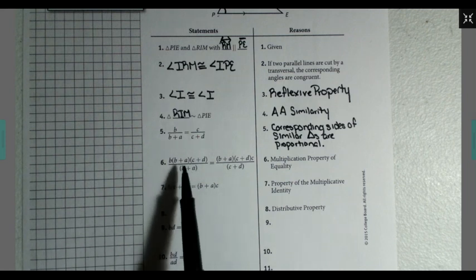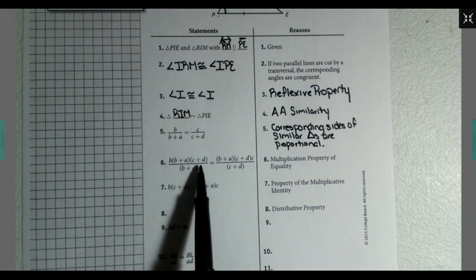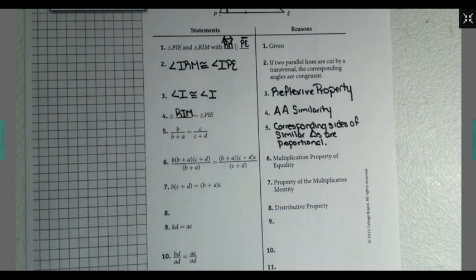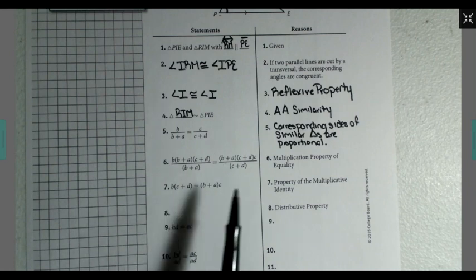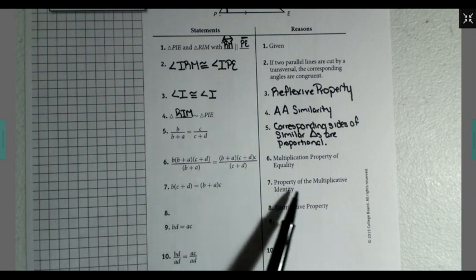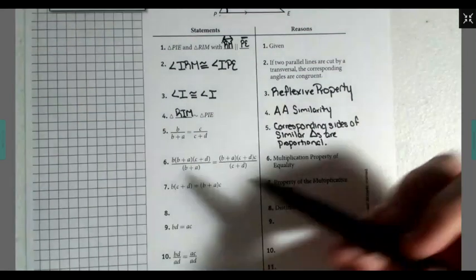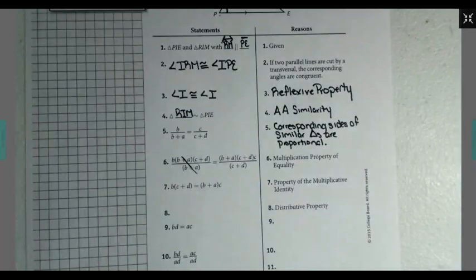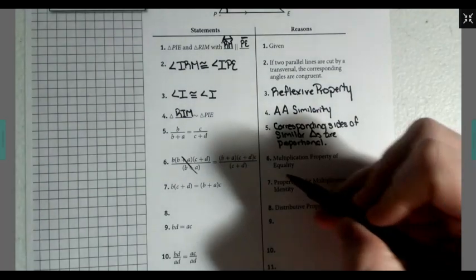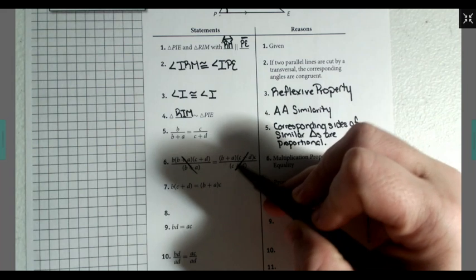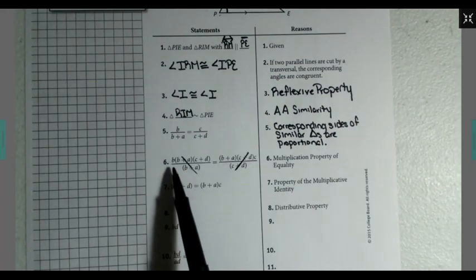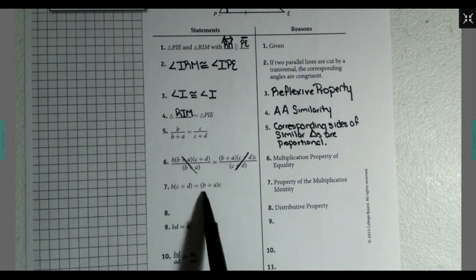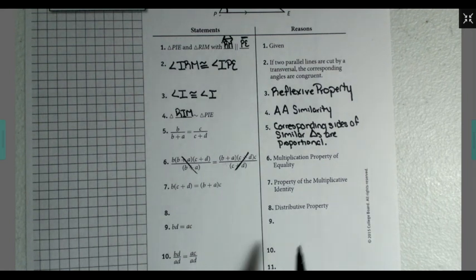So what they did was they multiplied B plus A and C plus D on both sides of the equation. Then they did property of multiplicative identity. So they simplified what they could. B plus A was canceled out here, C plus D was canceled out here. So you were left with B, C plus D, and B plus A times C.